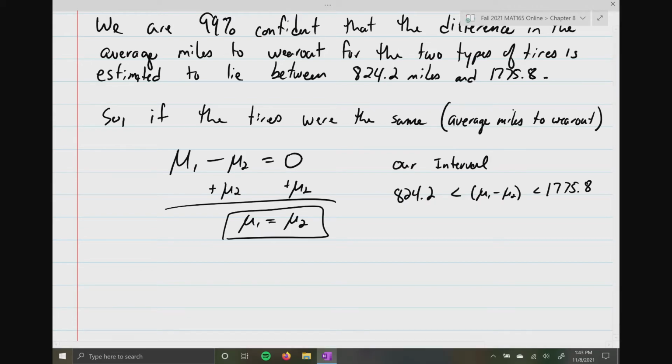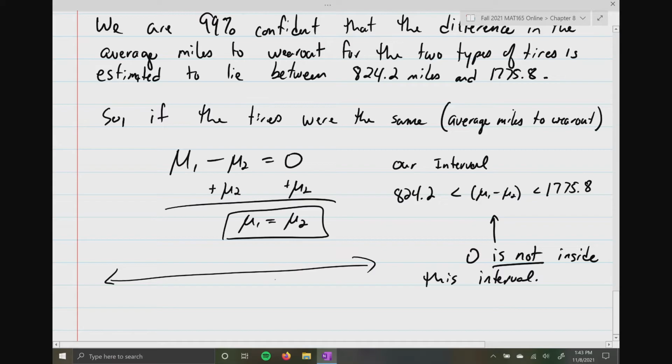And we can see 0 is not inside this interval. Okay, 0 is not inside that interval. If you're looking at a number line, here's 824.2, here's 1,775.8. 0 is all the way over there to the left. It's not contained inside this interval right here.